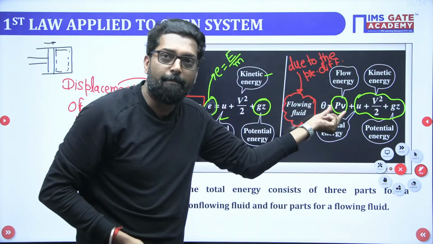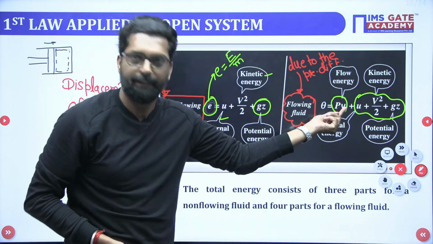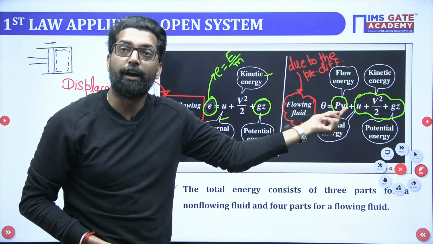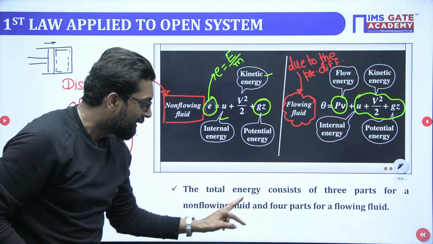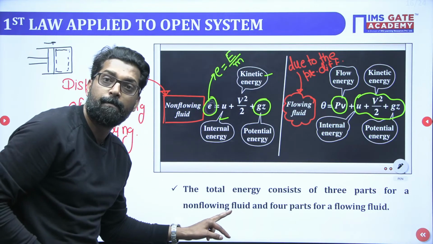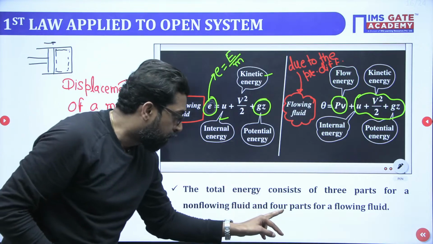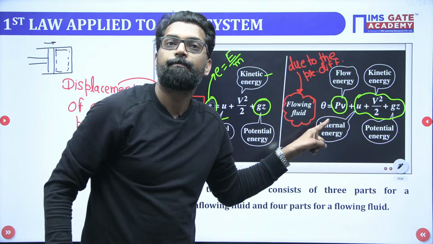Because in that component an extra energy will be there: flow energy. So the total energy consists of three parts for the non-flowing fluid and four parts for the flowing fluid.